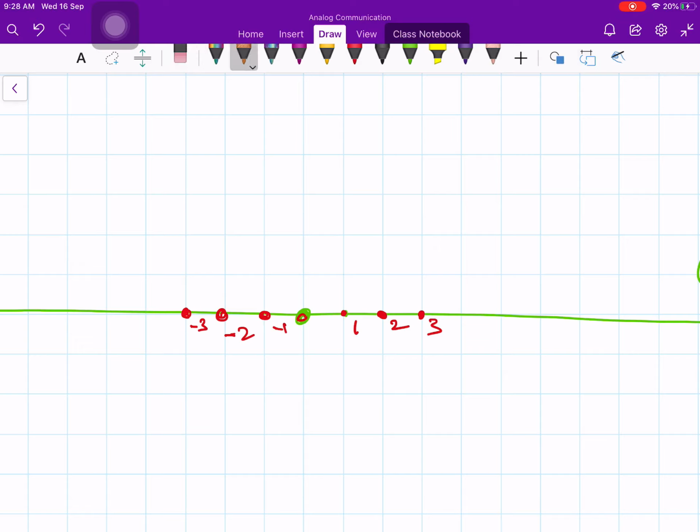At 0 my coefficient is, let's say, J0 of beta. At 1 the coefficient is J1 of beta. At minus 1 it is just the opposite of that, J minus 1 of beta.